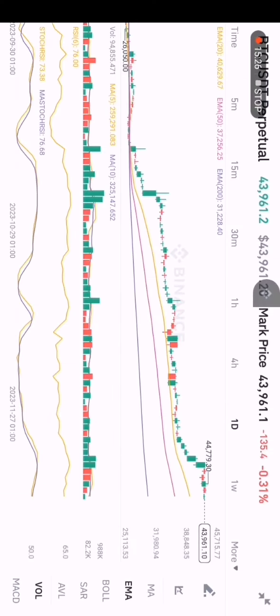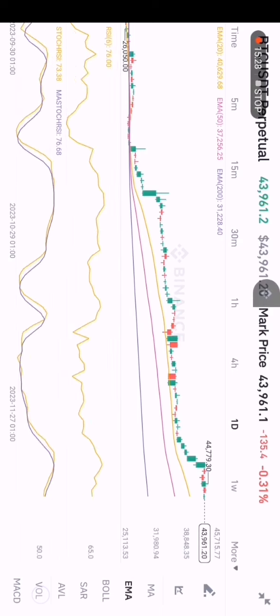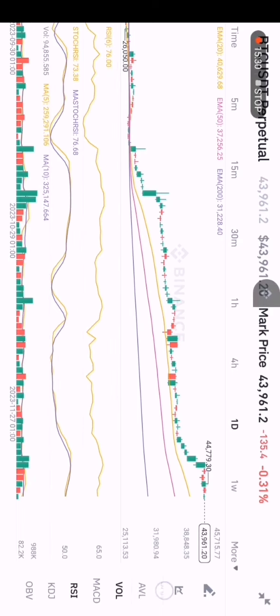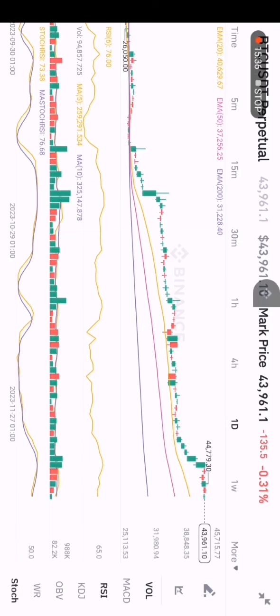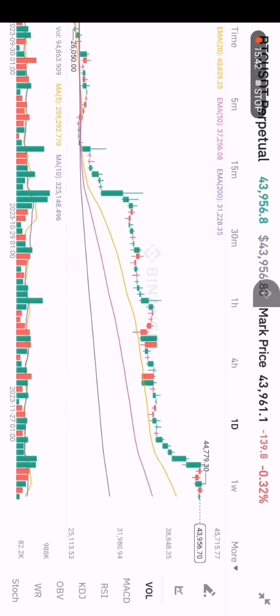There's a way the chart is behaving around the 200 EMA. Let me remove every other indicator there. I don't think I really need most of them right now. Let's make it simple. You can see the chart is moving around the 20 EMA.